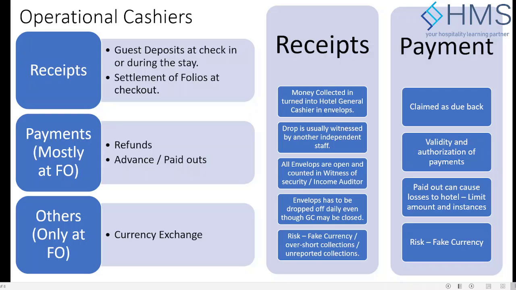So that is found in some cases. So usually the hotels limit up to what amount the currency exchange can be done.